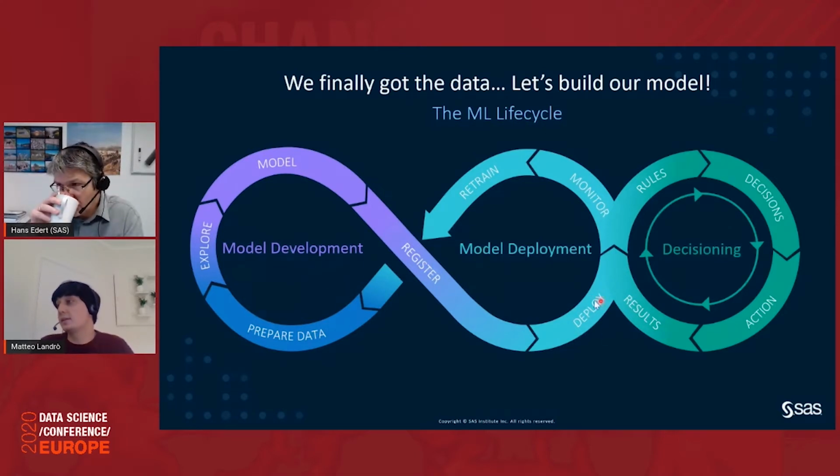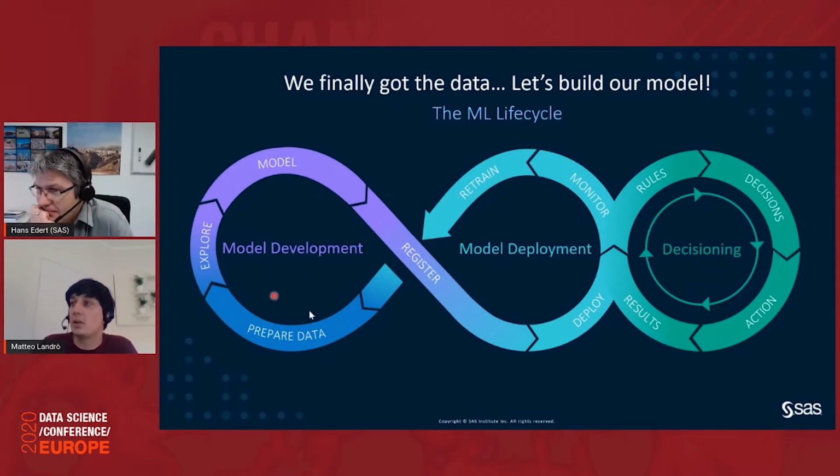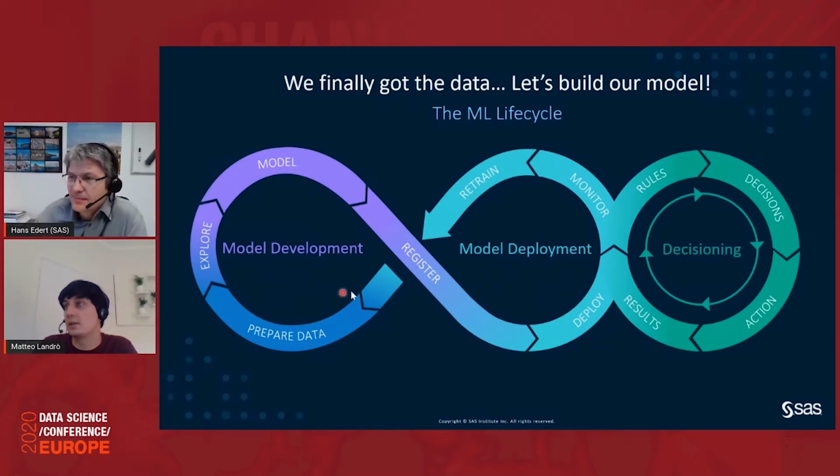But then the story doesn't end here. We need to make sure that the model keeps performing well over time. So we need to monitor our model, and in case, we need to retrain the model. And you see, this is not a finite process, it's a continuous process, right? Because in case you need to retrain your model, maybe you need to go back to the initial stage and follow the process again.